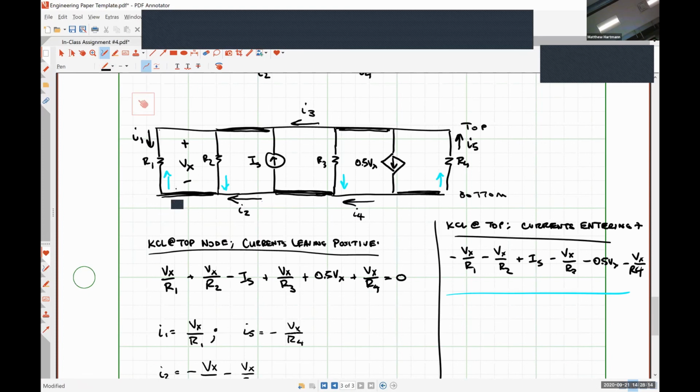The current flowing up through the resistor R1 is going to be negative Vx over R1 because the current's entering the negative polarity terminal. For the current flowing through the resistor R2, it's going to be Vx over R2, but because it's leaving, it will be negative Vx over R2.